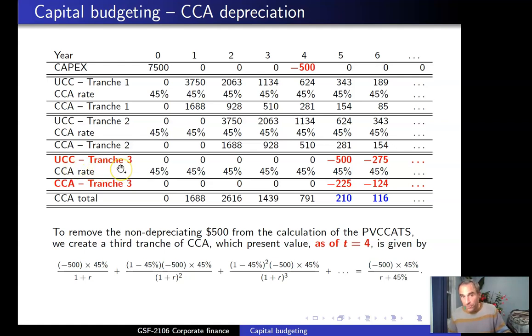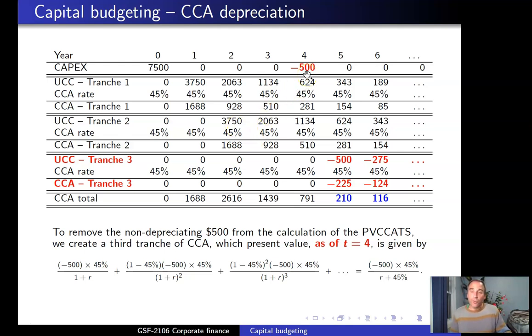So tranche 3. So we have tranche 1, which is the first half of the asset depreciating at a rate of 45%, starting in year 1. The second tranche of CCA, which is the second half of the capital expenditure, depreciating at the rate 45%, beginning in year 2.